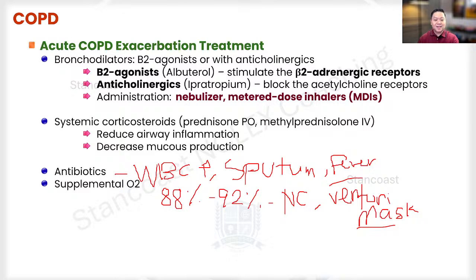Again, we are going to use this Venturi mask, and we are going to collaborate with the respiratory therapist, because the Venturi mask will have different levels. There are going to be differences in the fraction of O2, so make sure that we adhere to that gauge so that we safely administer the oxygen to this patient. Again, we don't want to cause O2 toxicity to this patient.